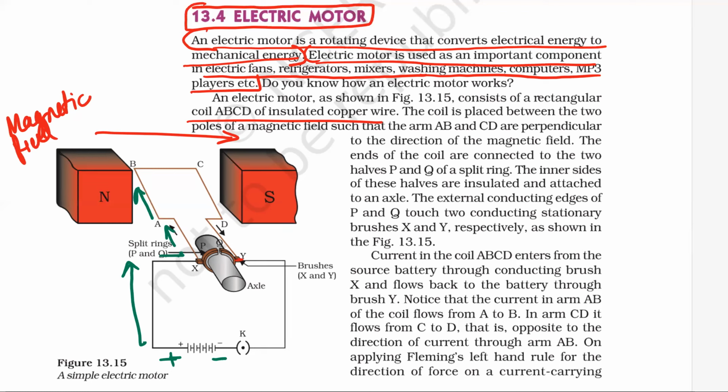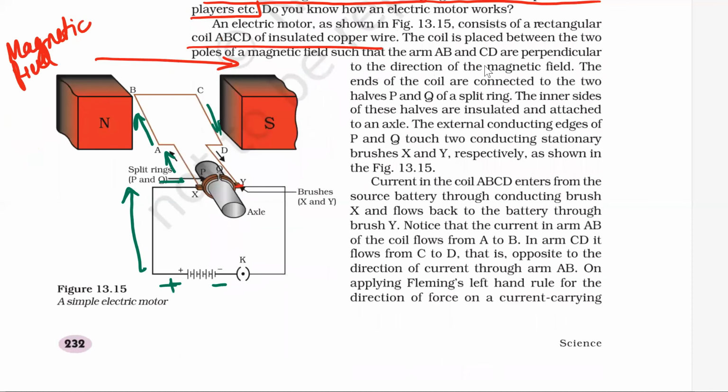So the direction of magnetic field is there, the direction of current is there. If you stretch your left hand, by Fleming's left hand rule, in which direction will the coil AB move? The direction of current in AB is inward, and the direction of magnetic field is from north to south.